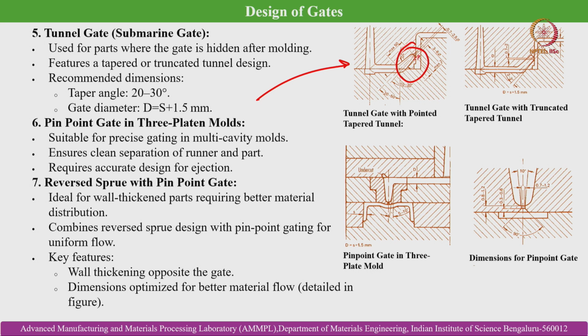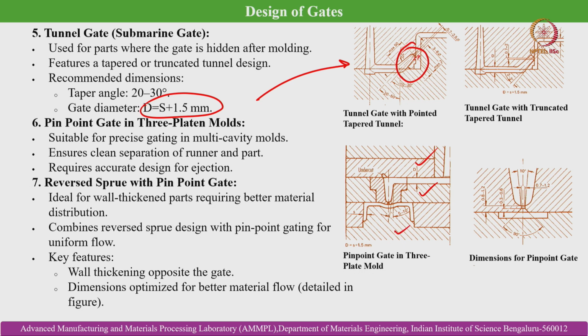This is basically an empirical expression that is used for design purposes. Then there is the pinpoint gate in 3-platen molds. As we have discussed, in the case of 3-platen molds, you can see an example over here. In one of the die plates the sprue is kept, in another die plate are the runner and ingate, and in another die plate is the component which is housed.